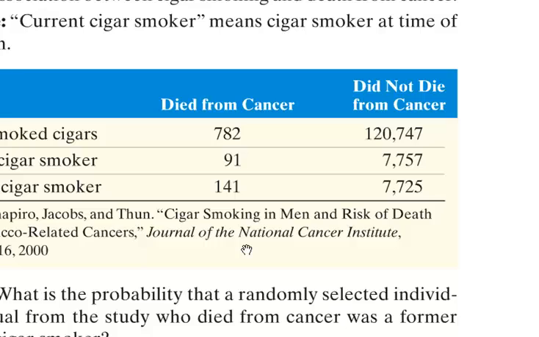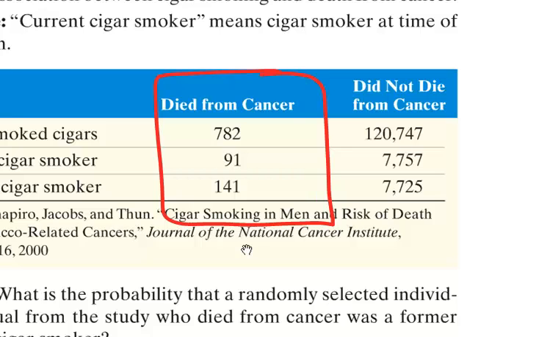I want you to think about this for a second. What column am I looking at? We know that these folks have died from cancer. So I know I'm looking at this column right here.